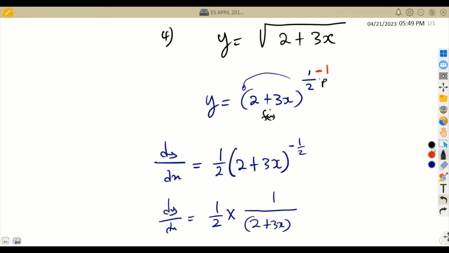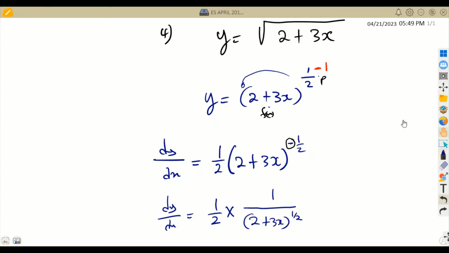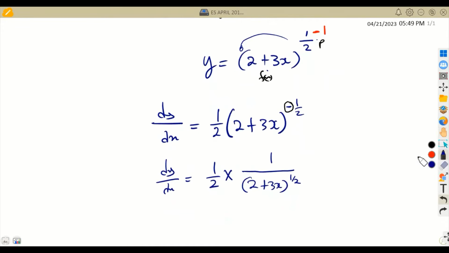Now, to remove the negative, that is the introduction of 1 over the inverse. So the negative we have removed, and it is going to give us a positive half. So as you can see, we can just multiply the numerator by the numerator, 1 times 1, which is 1 over 2 times this part raised to the exponent of a half.